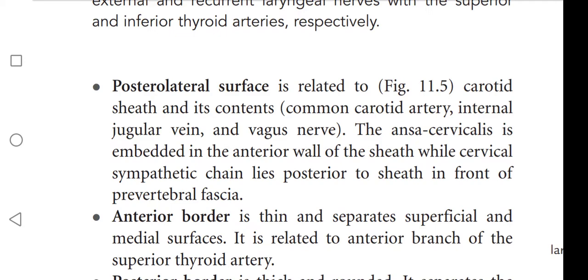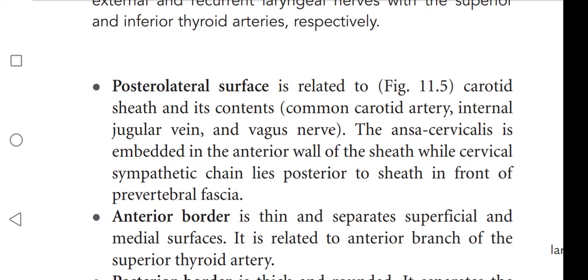I show you guys. The ansa cervicalis is embedded in the anterior wall of sheath, while the cervical sympathetic chain lies posterior to the sheath in front of prevertebral fascia.